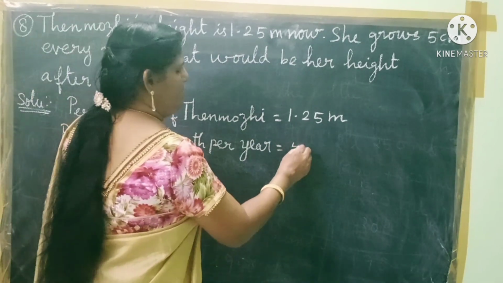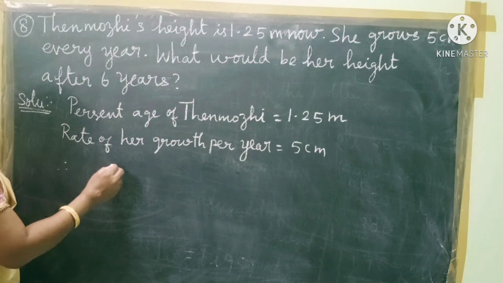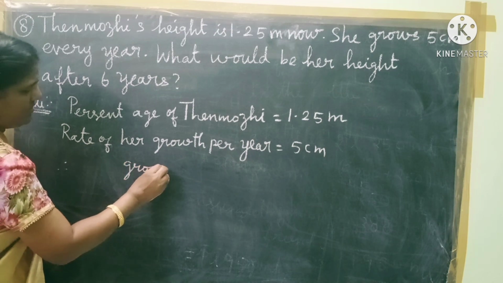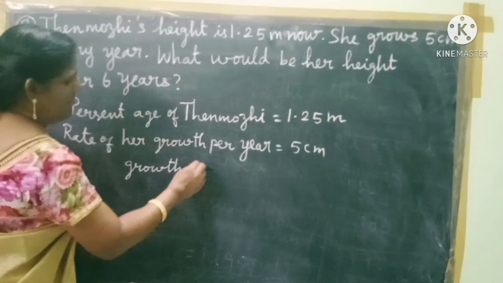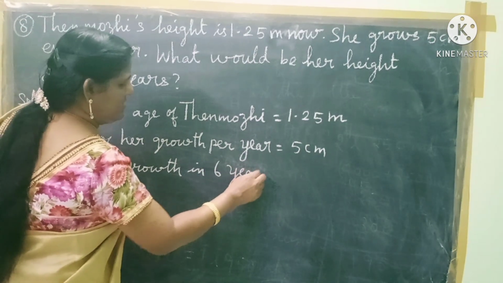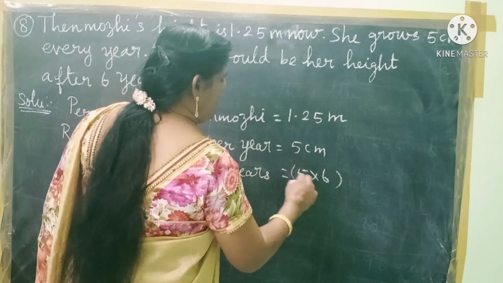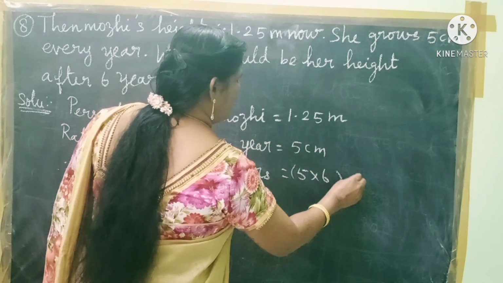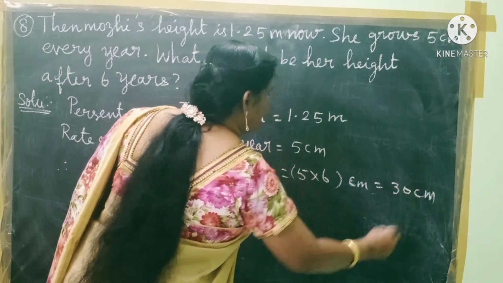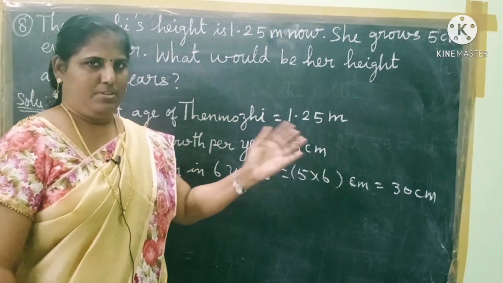Yeah, 5 centimeter. So therefore the growth per year is 5 centimeter. So 6 years is equal to 5 sixes are 30 centimeter. So after 6 years she grows up to 30 centimeter.